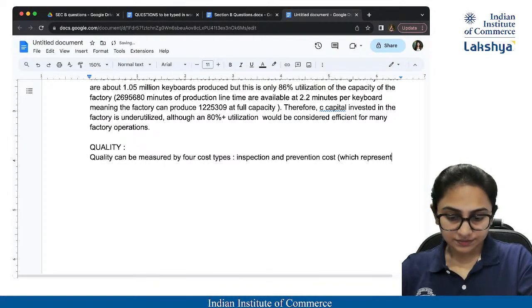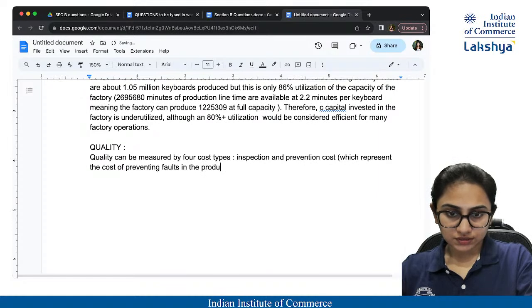Which represent the cost of preventing faults in the production process and inspecting to avoid faulty goods leaving the factory.